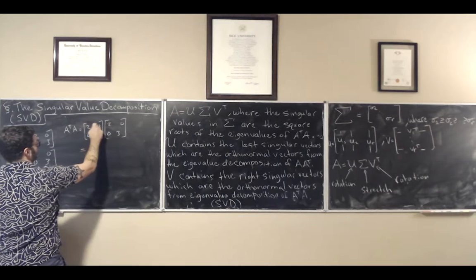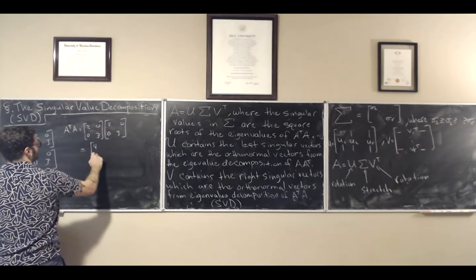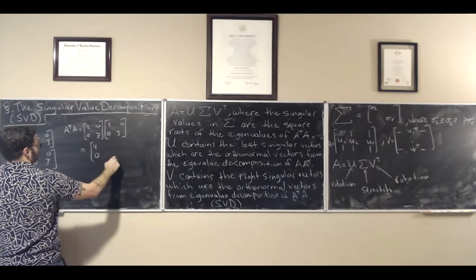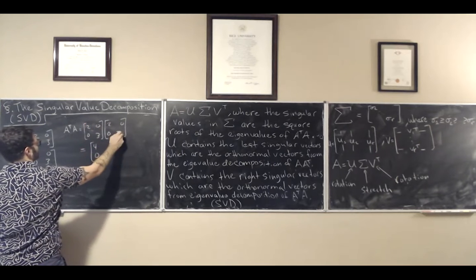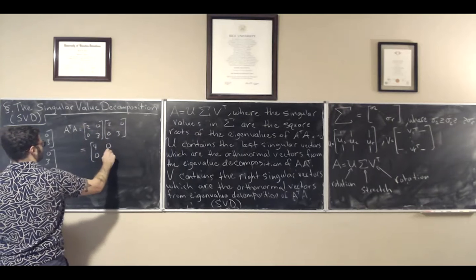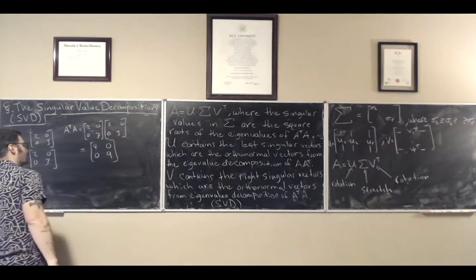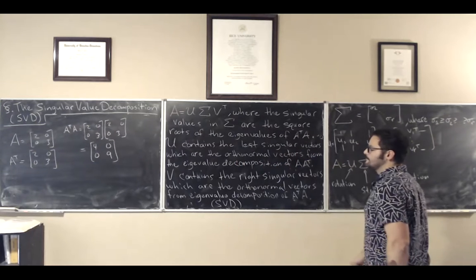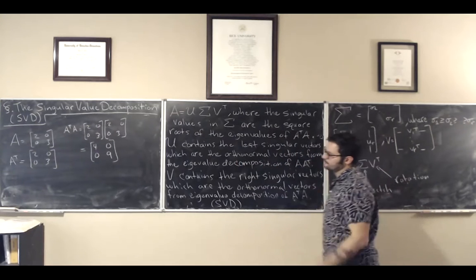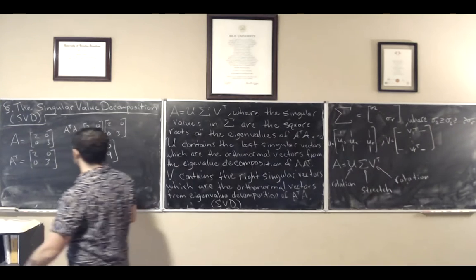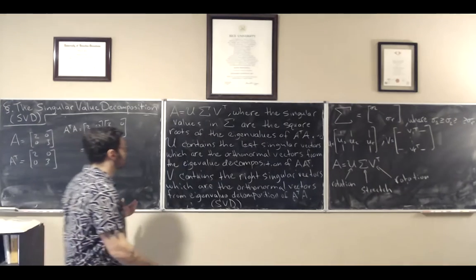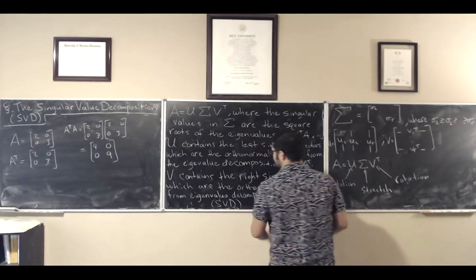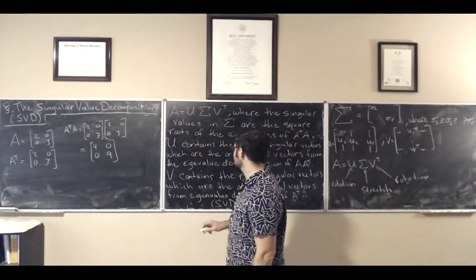It's 2 of this column plus 0 of that column, so it's 4, 0. What's in the second column? 0 of that column plus 3 of this column, so 0, 9. It's just like squaring it, right? So now we need to calculate the eigenvalues of A transpose A and the eigenvectors so we can get our V's and our U's.